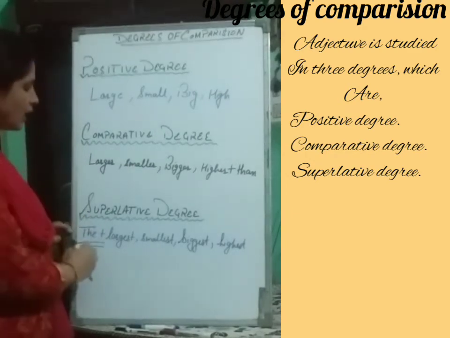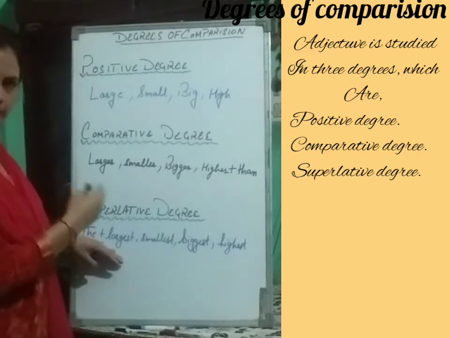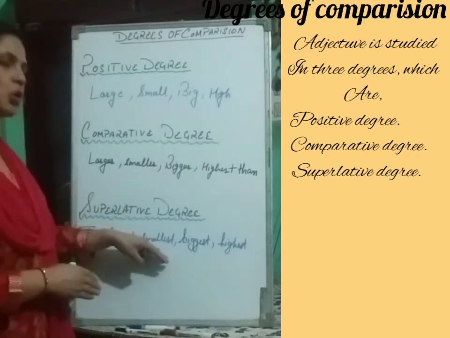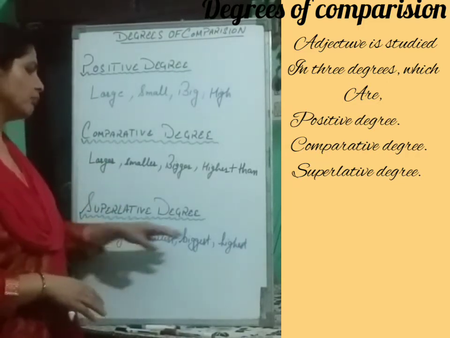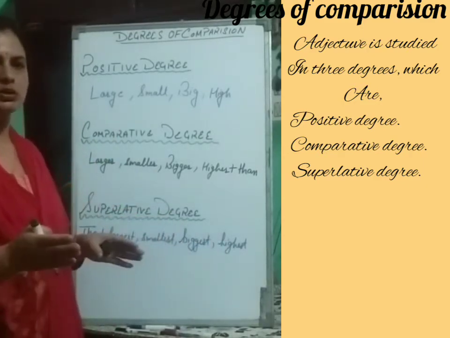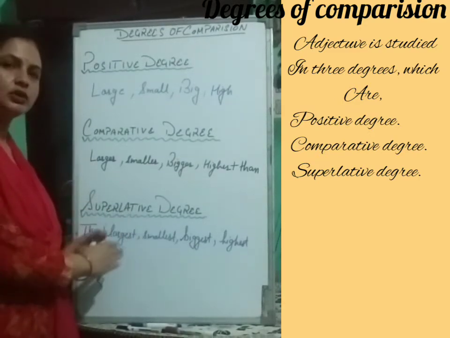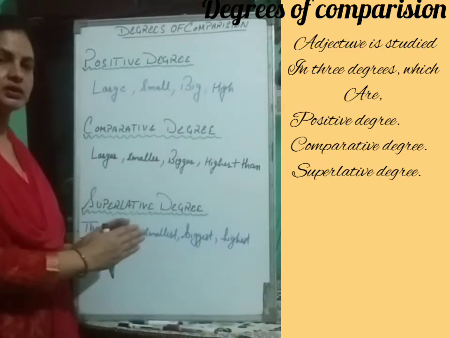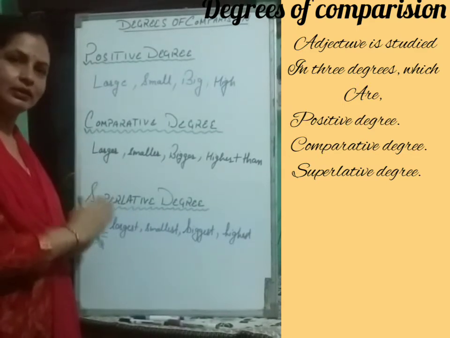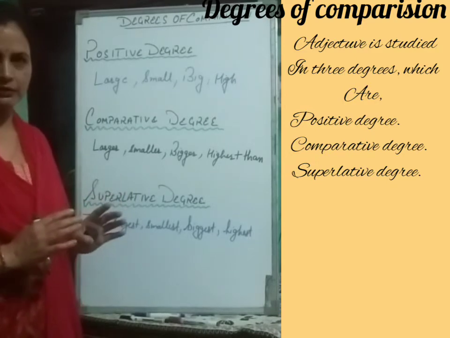How we read these adjectives: the largest building, the smallest box, the biggest house, the highest mountain. So this the is mandatory in superlative degrees. Always you have to use the before the adjective when it is a matter of superlative degree.